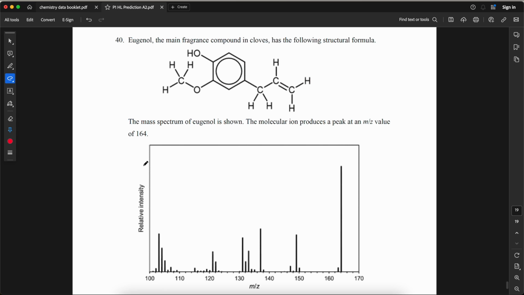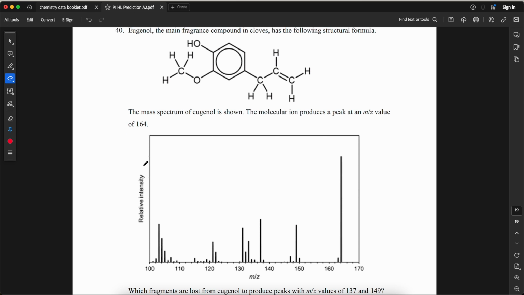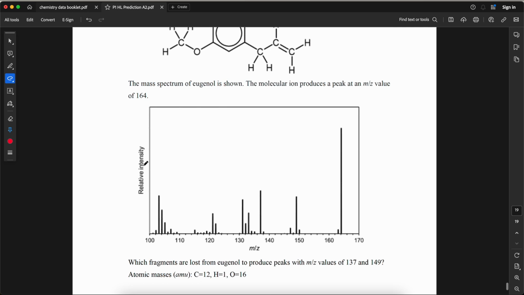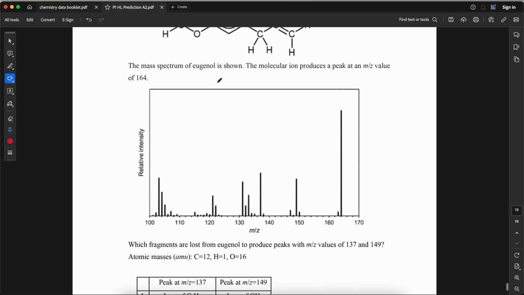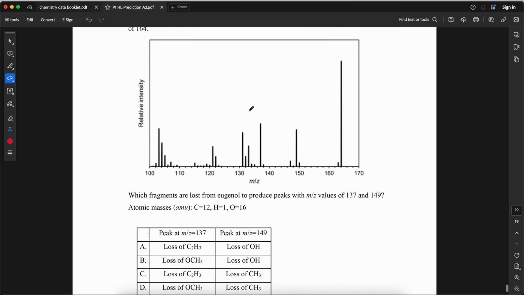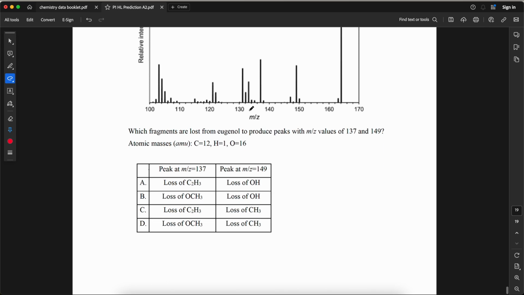Eugenol, the main fragrance compound in cloves, has the following structural formula. The mass spectrum of eugenol is shown. The molecular ion produced a peak at a value of 164. Which fragments are lost from eugenol to produce peaks at values 137 and 149?